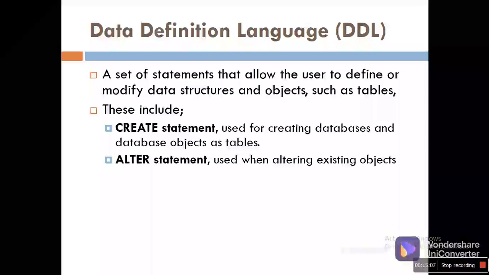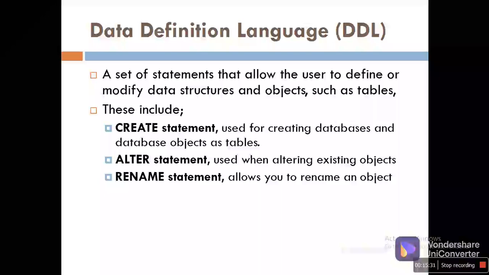Then the alter helps us to change an existing object. Okay, you already have your table created, but you want to make some changes in it, so we use the alter. You've already created your function, but you want to make some changes to it, then we use the alter statement. It changes the definition of an existing table.